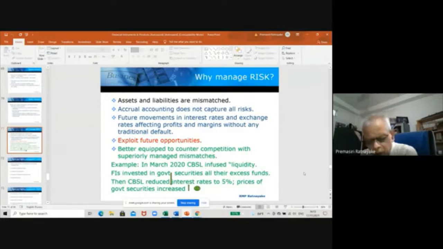But when it comes to the asset side, there are the loans granted and the investments in treasury bills and bonds, and the cash. You have cash with you at any time to repay the customers to match the liability withdrawals.